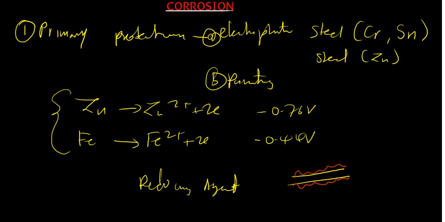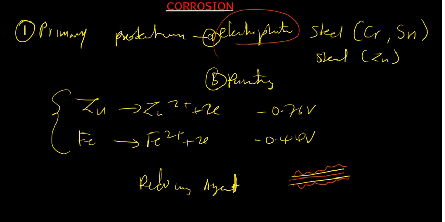So in other words, zinc is going to corrode in place of iron while the iron remains itself. And so electroplating is really coating a metal with another metal that can be more easily oxidized.